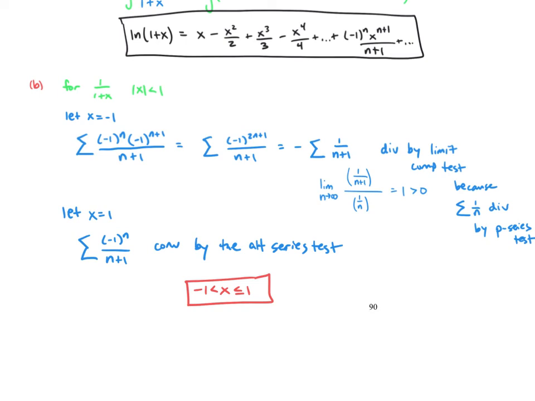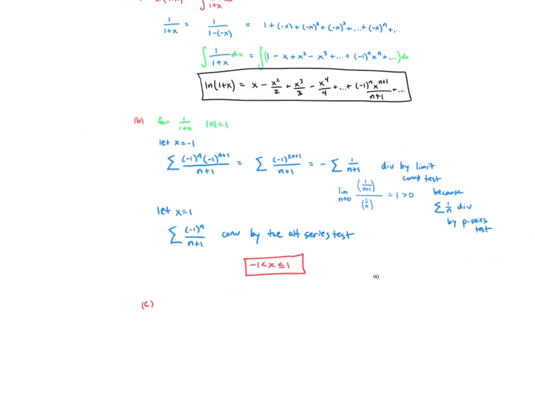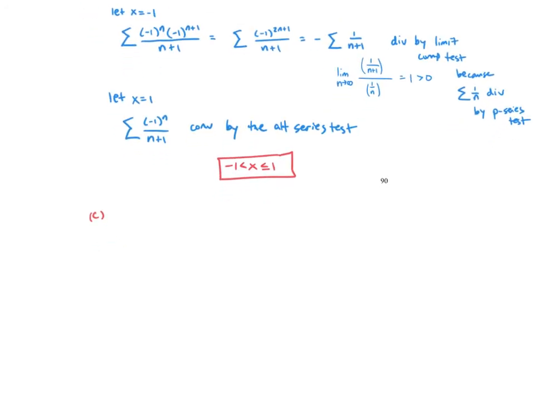Okay, let's take a look at part C. So for part C, we're looking at to estimate the error in evaluating natural log of 3/2 by using the first 5 non-zero terms. So this is the alternating series test error bound that we studied during that section of those alternating tests in section 8.3, I think it was.